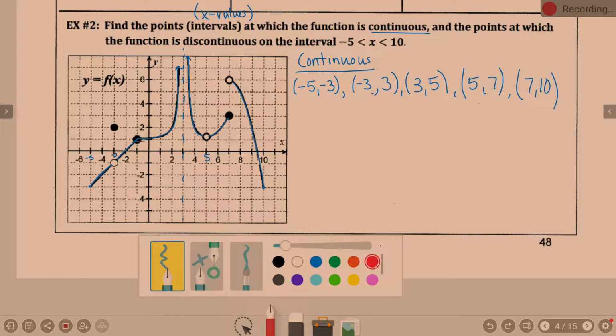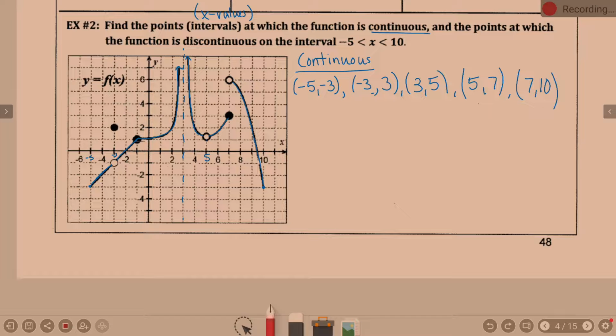Now, the other part of this question was the points at which the function is discontinuous. So I'm going to list these as my discontinuities. You have a section like this in homework.